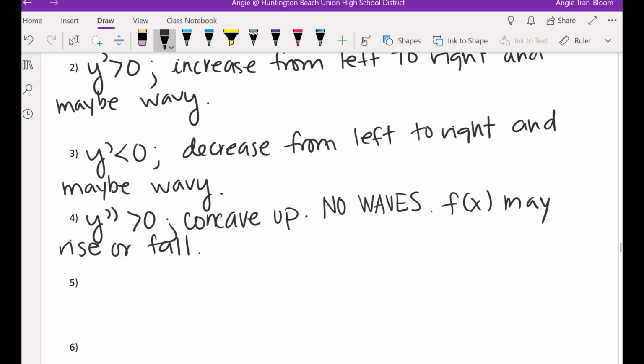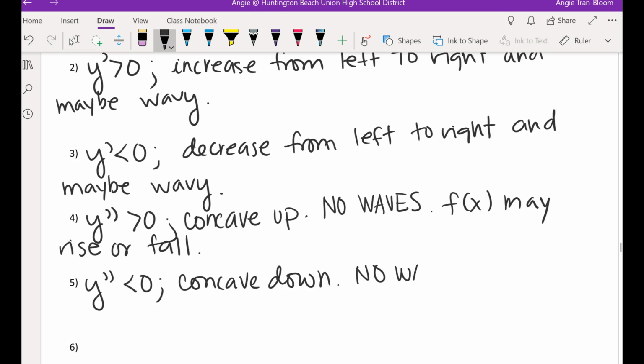The rise or fall really describes what? Slope. The slope, first derivative, okay? And then the double derivative is less than 0. Similarly, it's going to be concave what? Down. No waves, okay? f of x may rise or fall again.